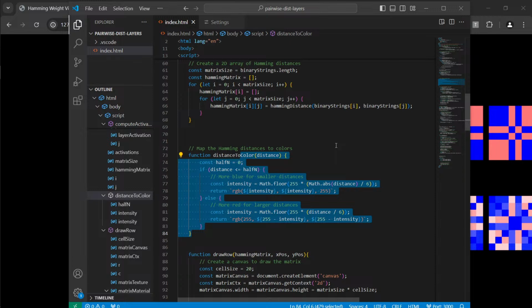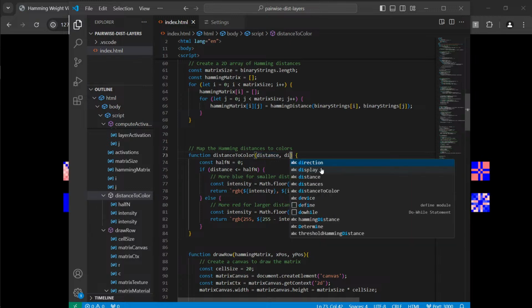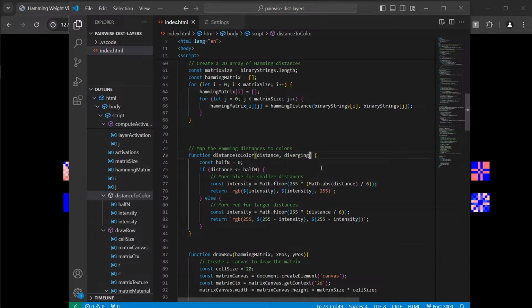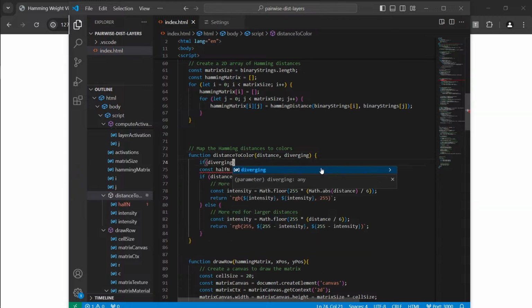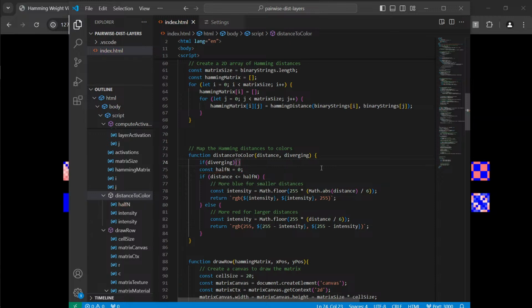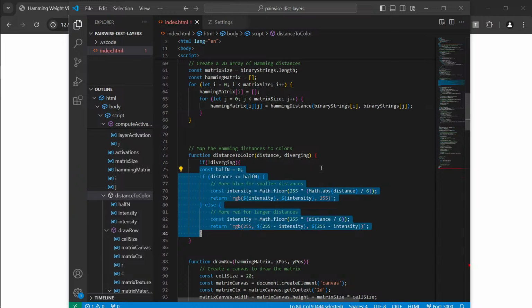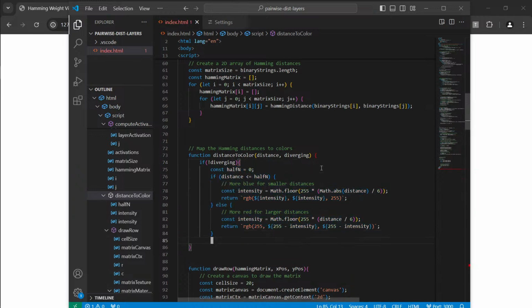Having said that, I will just add a flag, diverging. I don't think you can actually have a question mark. So then, let's just say if diverging, we should say if not diverging, that's the more natural case, isn't it?